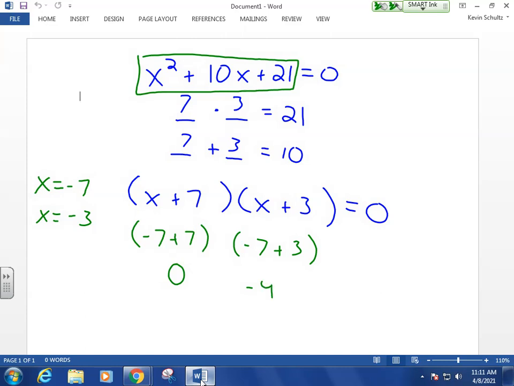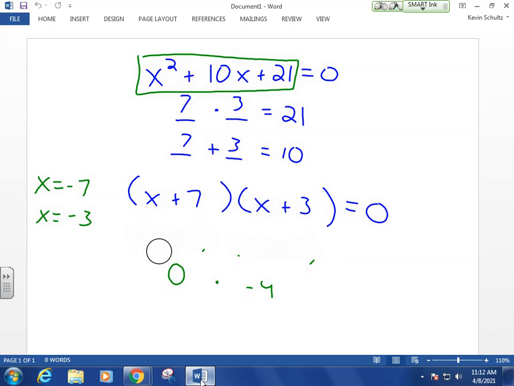Why not? Because 0 times anything, no matter what that second set is going to equal 0. So negative 7 is one of our solutions because negative 7 makes that first set of parentheses equal to 0.